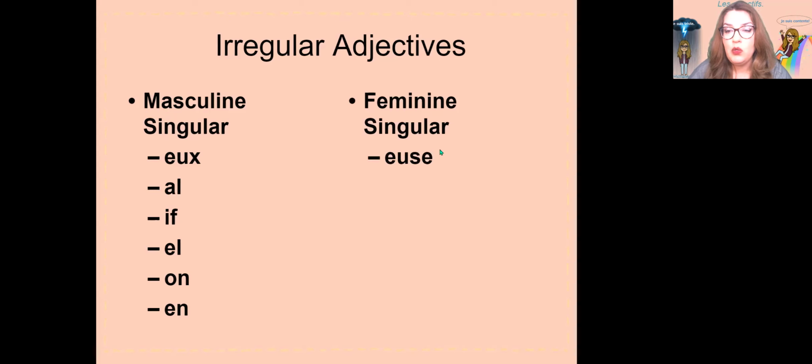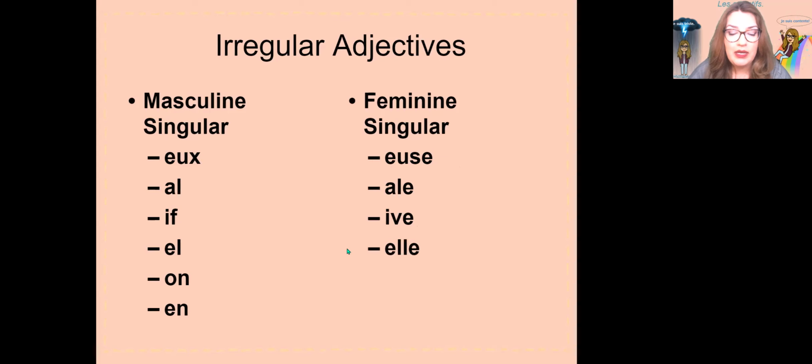So we will look at the feminine singular form of all the adjectives. Eux becomes euse, like malheureux becomes malheureuse. Al, génial, génial with an e. If becomes ive in French, like sportif becomes sportive.